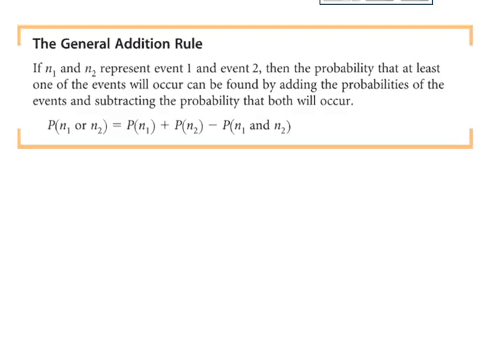Okay, so let me explain how this rule actually works. This rule is the addition rule for events that are not mutually exclusive. Which is just like the example we did on the last slide.